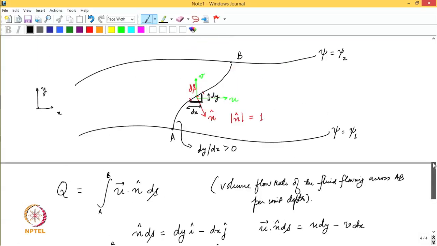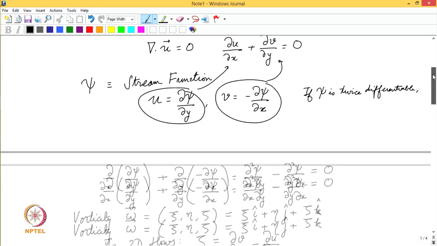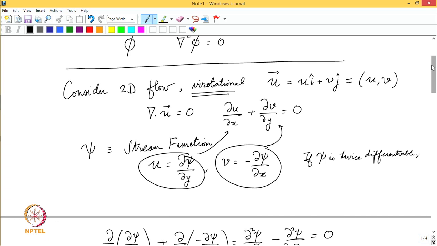So, I want you to put this specific result in perspective from what we have done just a little while ago, which is to talk about the stream function.